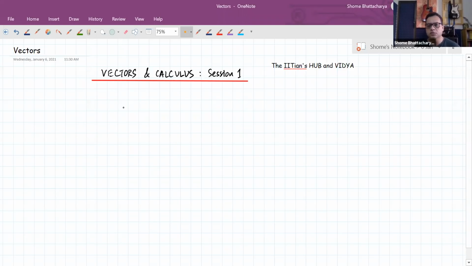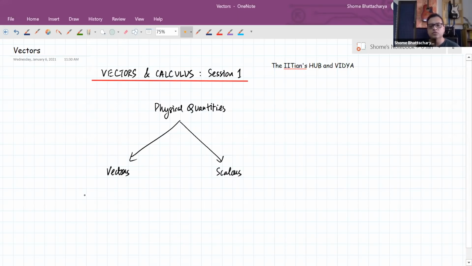So just a quick reminder of the whole idea and concept behind vectors. So as you know, physical quantities can be divided into two categories, vectors and scalars. Okay. So all physical quantities that we deal with in physics, at this stage, at this level of physics, are categorized into either vectors or scalars.